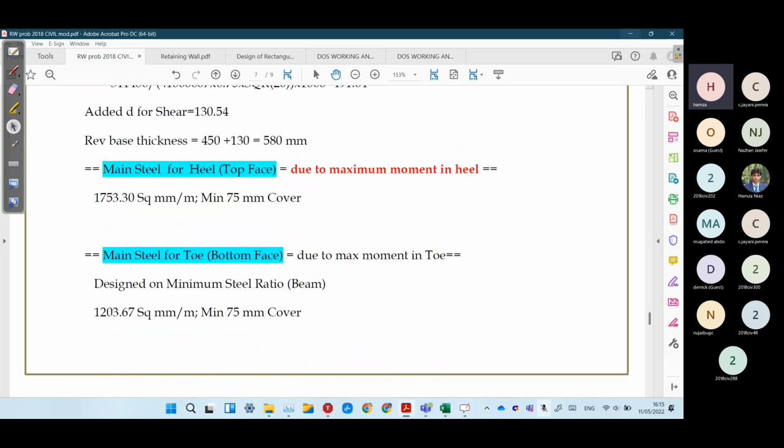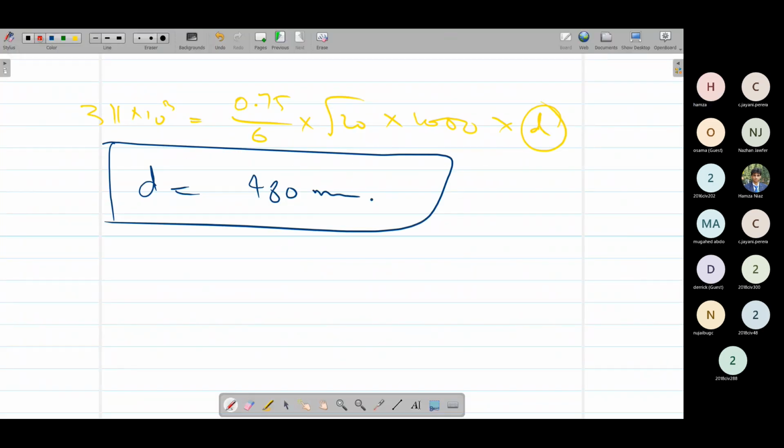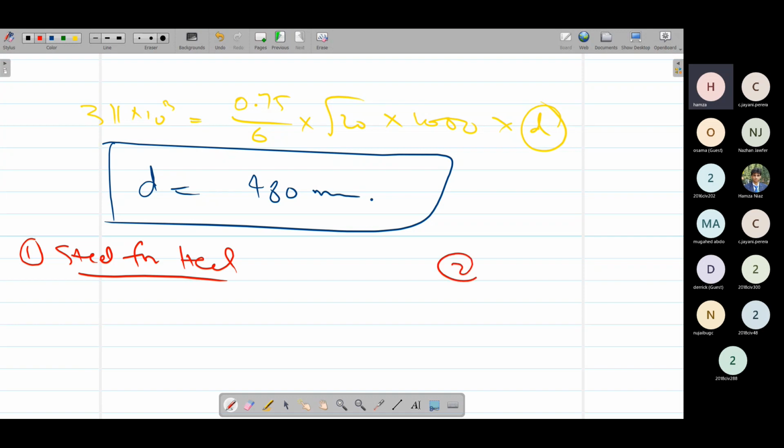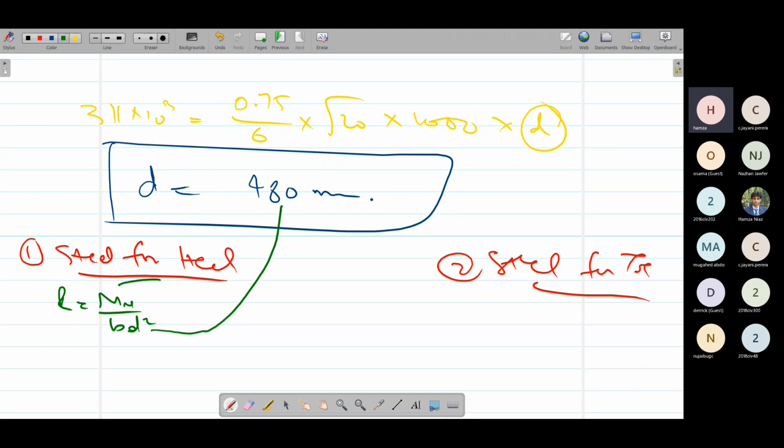Now we are going to design the steel for heel and steel for toe. Steel for heel is simply R equal to Mu over phi B D square. Take this Mu of heel and D as 480. Why didn't we design the steel before in the heel portion?